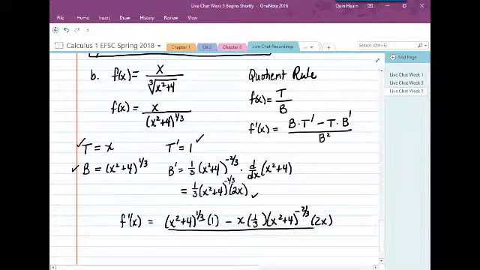All of this is going to be over the bottom squared, so x squared plus 4 to the 1/3, squared.